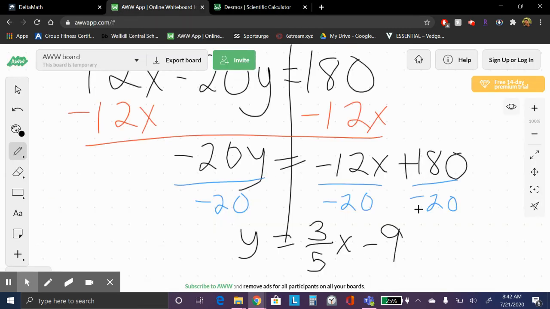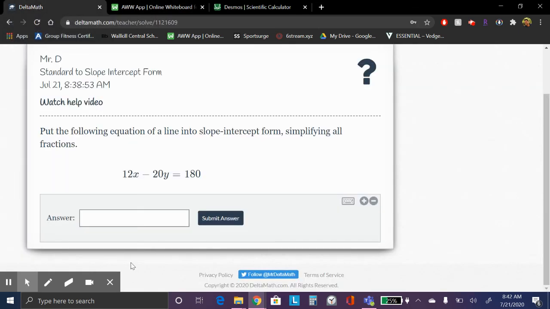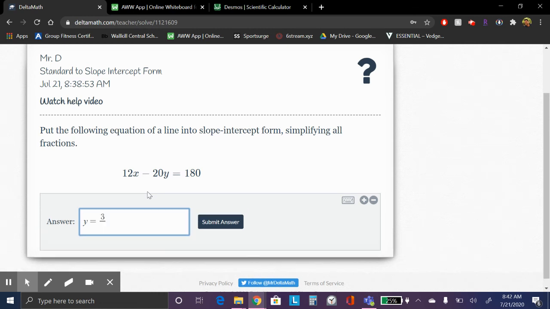But negative 9 because you're dividing by negative 20. All right, so we put that in our DeltaMath. 3/5. Make sure you go over x minus 9. All right, submit.